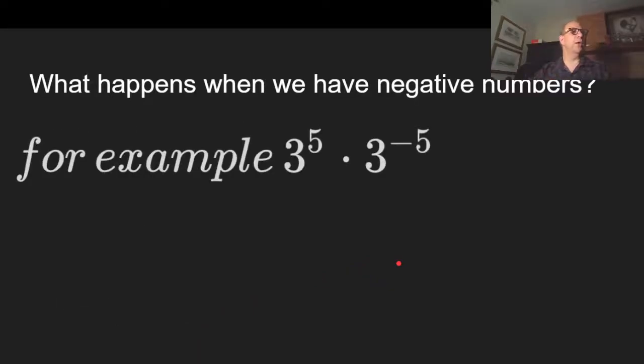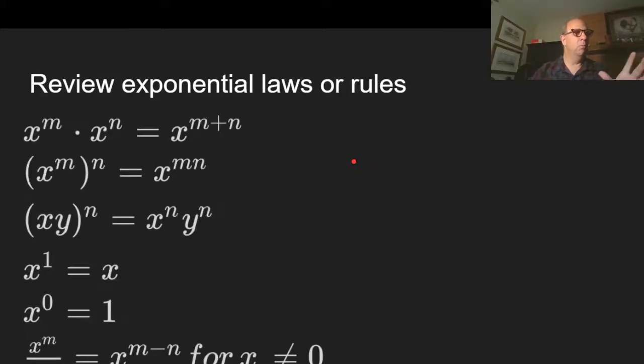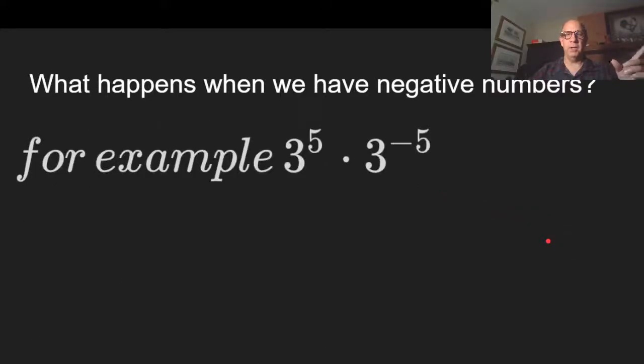All right, so what happens when we have negative numbers? For example, we have 3 to the 5th times 3 to the negative 5th. It should hold true to what we already know. If we're multiplying exponents of the same base, then we add the powers.